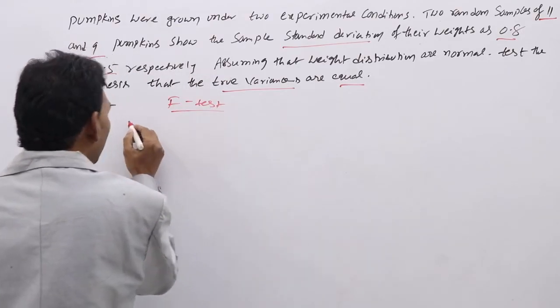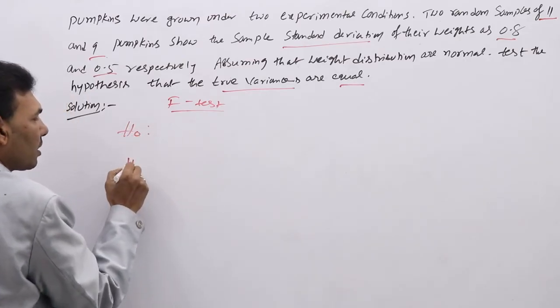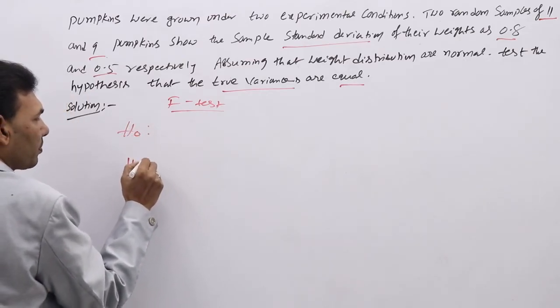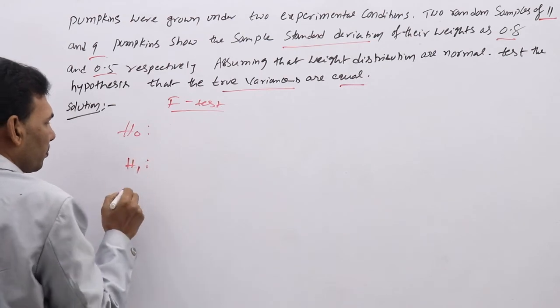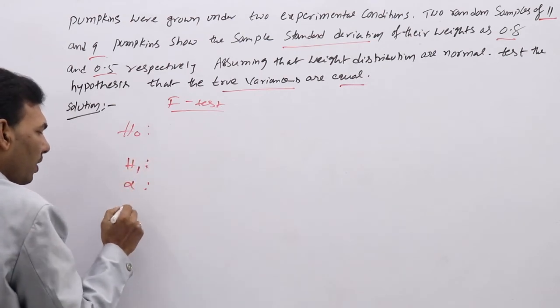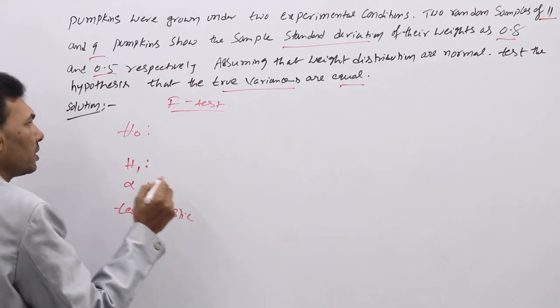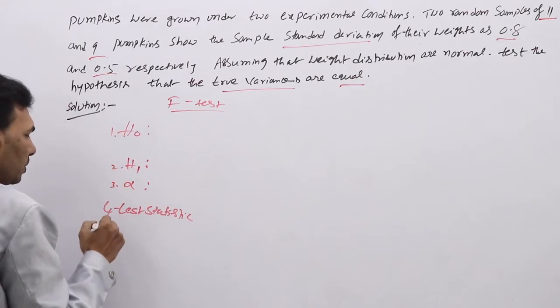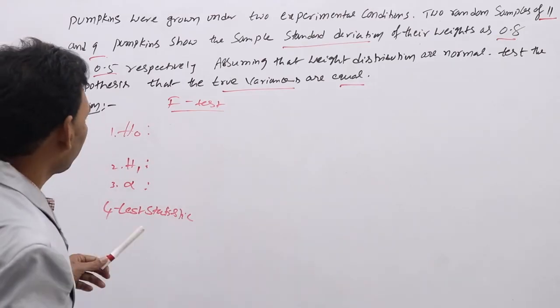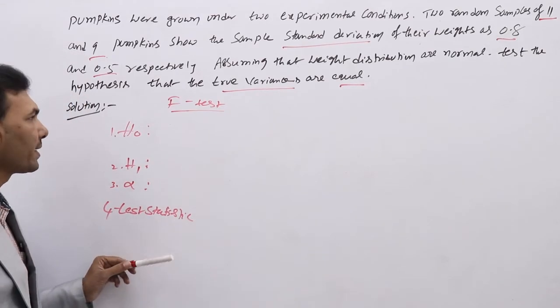Any test it may be, these steps are similar: H0, H1, alpha, writing the test statistic, the formula for finding the calculated value.